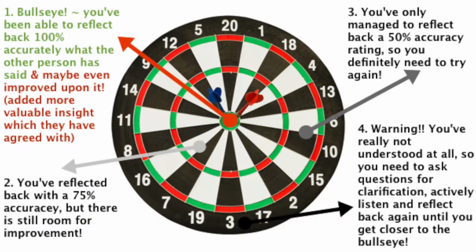Now, I'll warn you now, it's very unusual to get the bullseye first of all, but well done if you have. Usually people land in the first ring or the second ring or the outer ring where those numbers are in the black outer ring. That's more common.